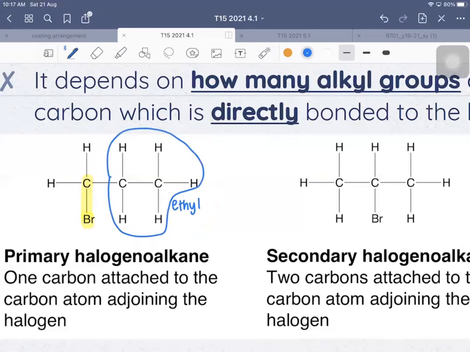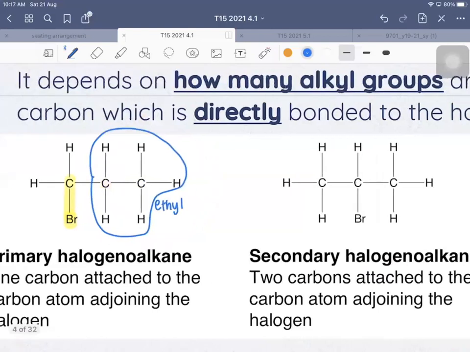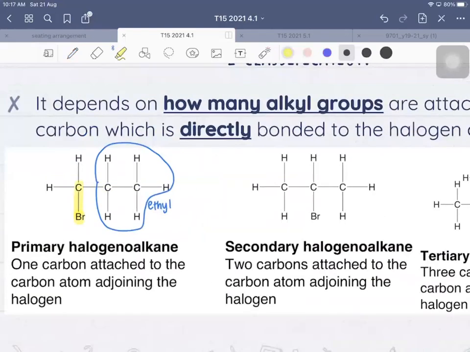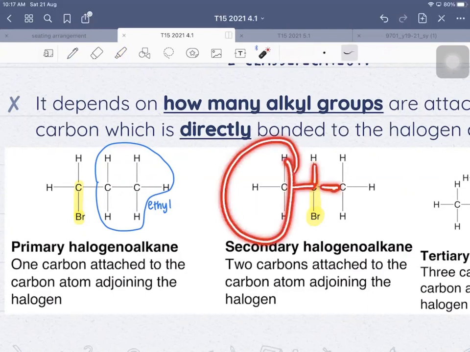I guess you can see the trend from here. Again, you want to highlight where your halogen is, so that's your bromine, and therefore we are interested in the carbon that is directly attached to the bromine. Using the same method, you look at the bonds directly bonded to that highlighted carbon and count the number of alkyl groups attached to it. This is a methyl, 1.